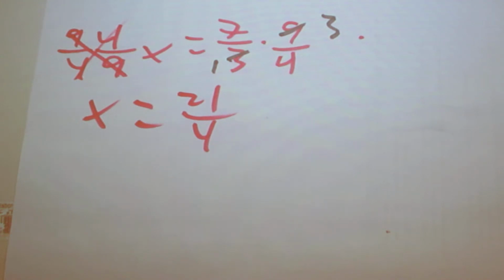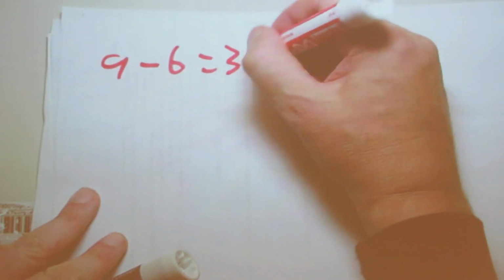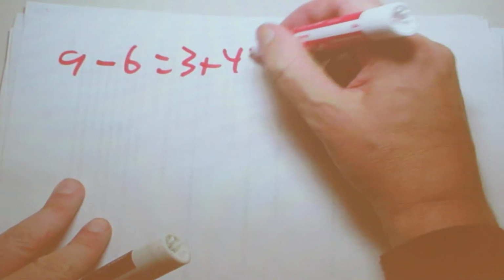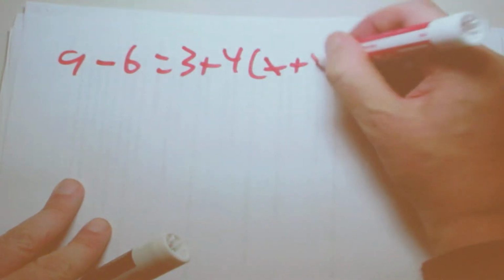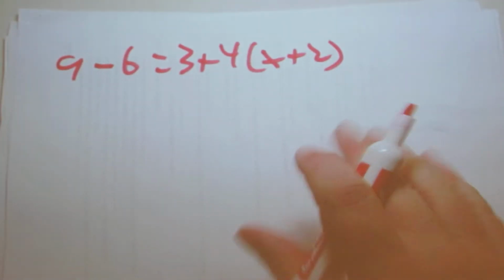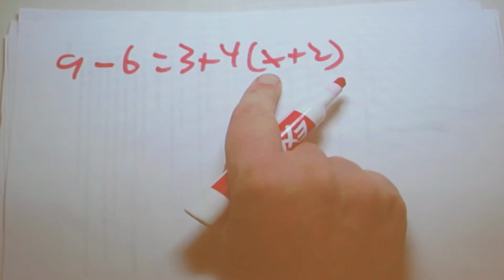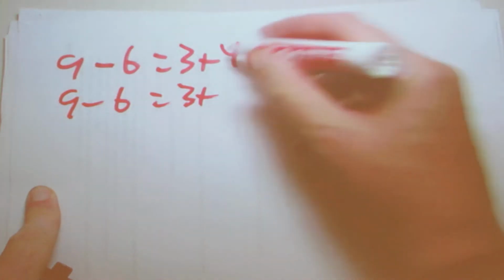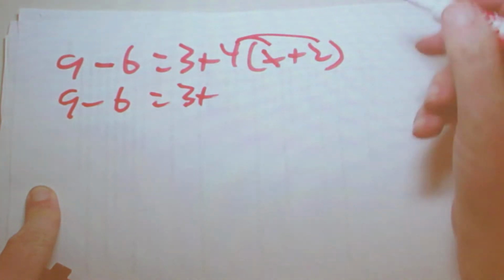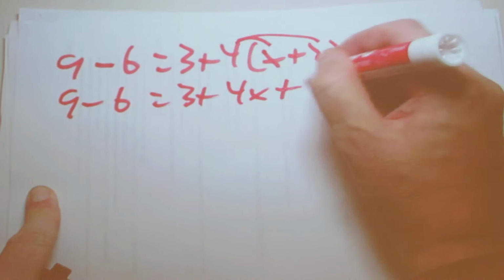Next, you'll get one that has a bit more to it. Let's say we have 9 minus 6 equals 3 plus 4 times the quantity x plus 2. The first thing we need to do is distribute the 4. So 4 times x and 4 times 2, so it becomes 4x plus 8.